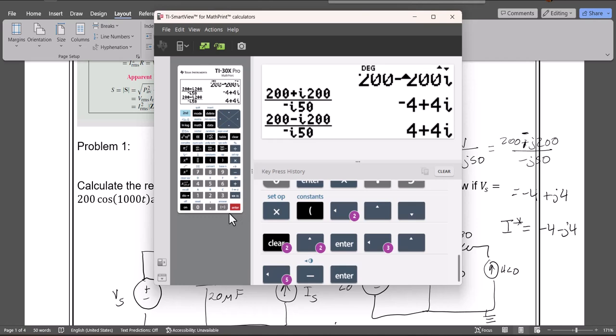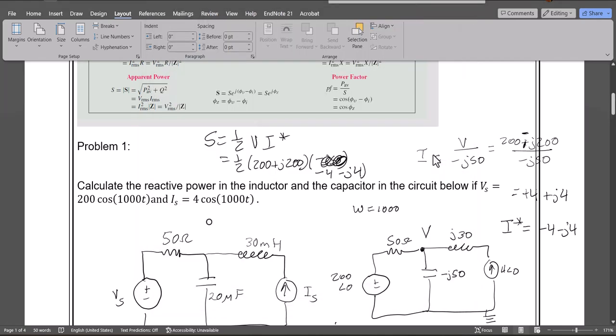Real. Yeah. So 4 plus J4. So the conjugate is plus 4 minus J4.